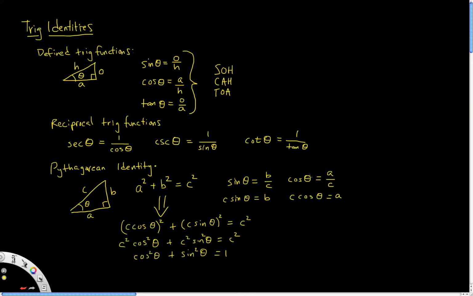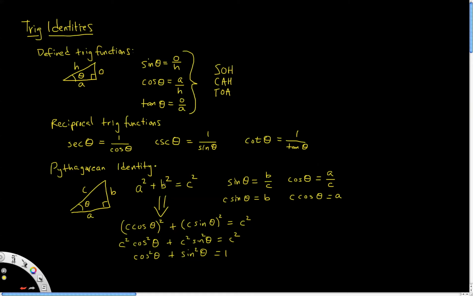And then I'm going to take those two equations and multiply both sides by c. So I get that c times the sine of theta is equal to b, and c times cosine of theta is equal to a.